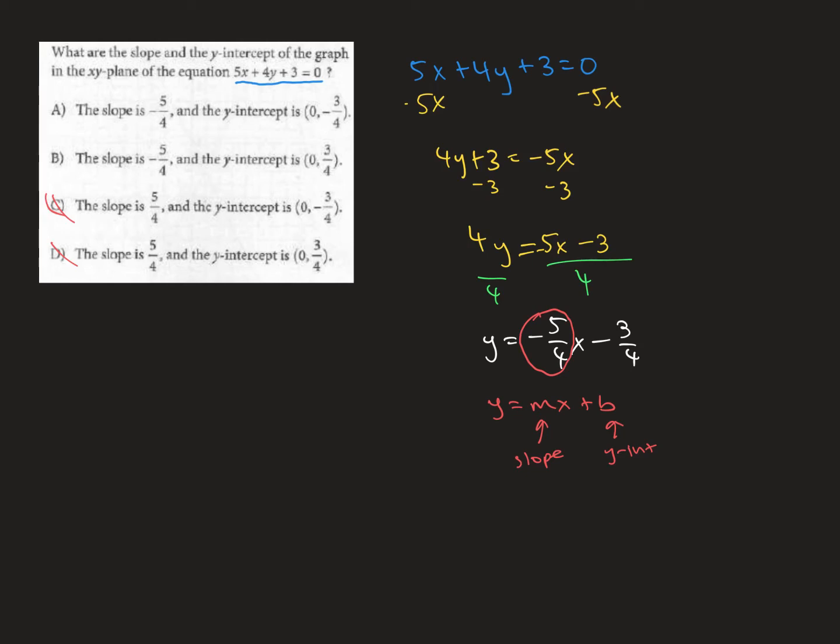And then our y-intercept is essentially what y is equal to when x is 0. If we plug in 0 for x, then our answer would be -3/4. So that knocks off B, and our answer is A.